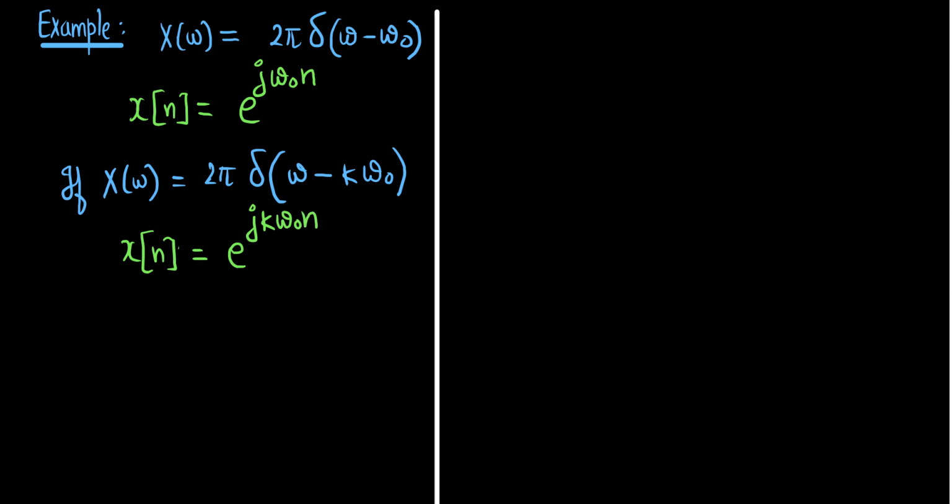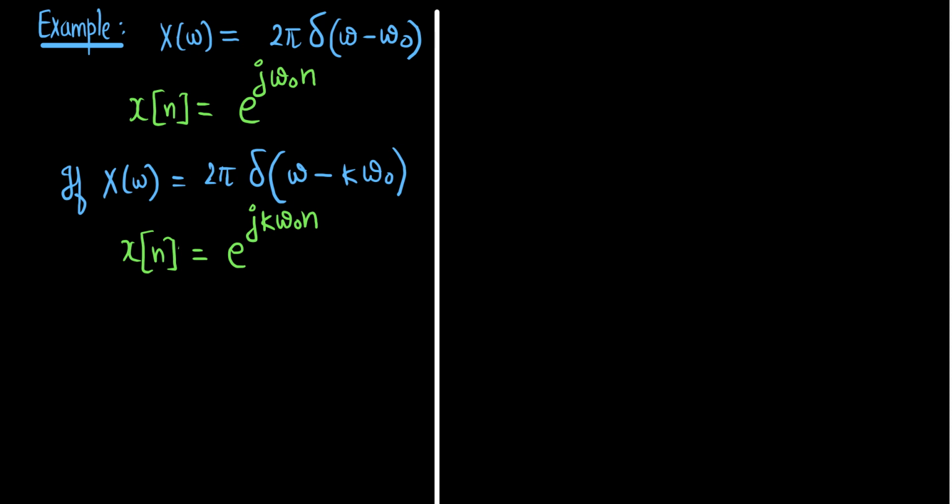And of course this k is an integer here, so if we take the impulse being scaled by 2 pi and being shifted by an integer multiple of omega naught, we are going to get x of n that is going to be e power j k omega naught n.